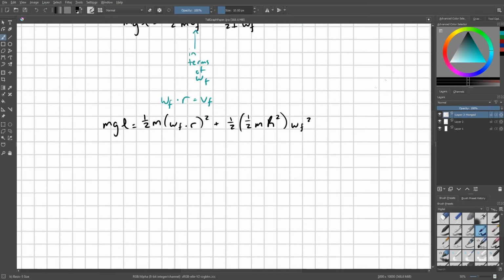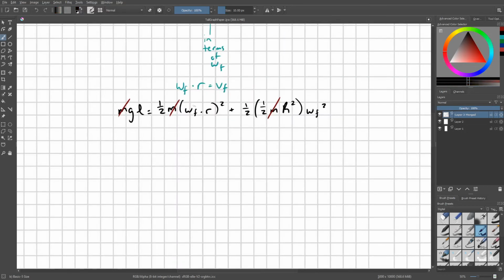Perfect. I will go ahead and cancel out the m's because those appear in all of the terms. I'll go ahead and distribute in this next step as well, so that's going to leave me with gL equals 1/2 omega final squared r squared plus 1/4 omega final squared big R squared.